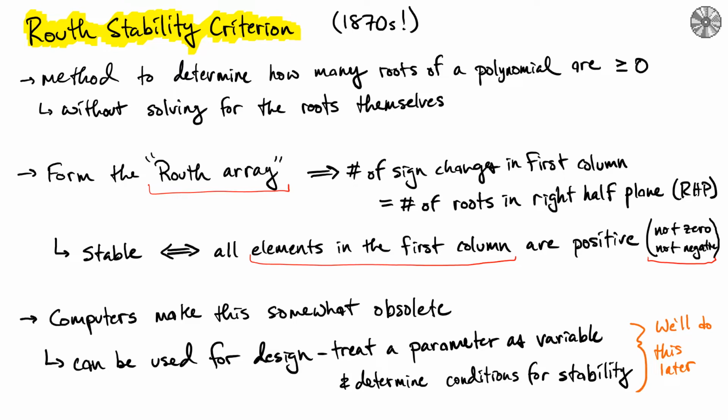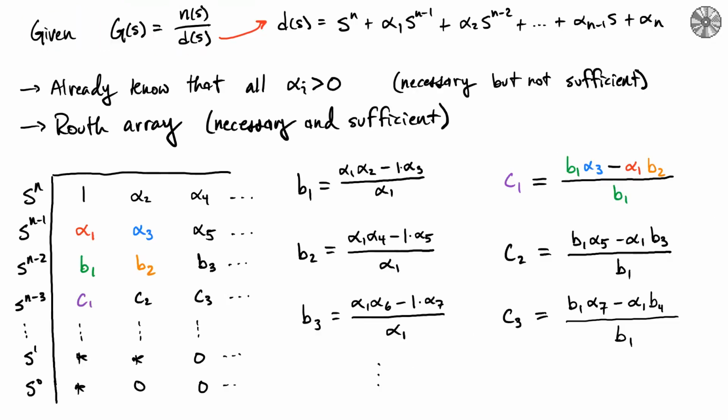However, one of the cool things we can use this for is the design of controllers. We'll consider this in the future, towards the end of the class, where we introduce a controller into the system and want to know when it's stable. We can use the Routh criteria to establish that.